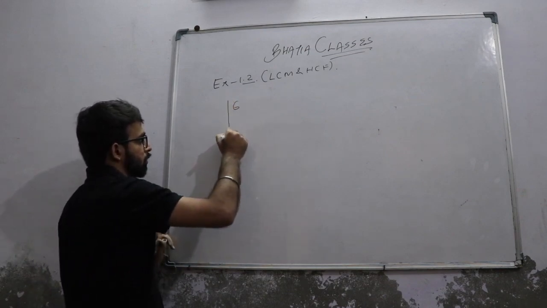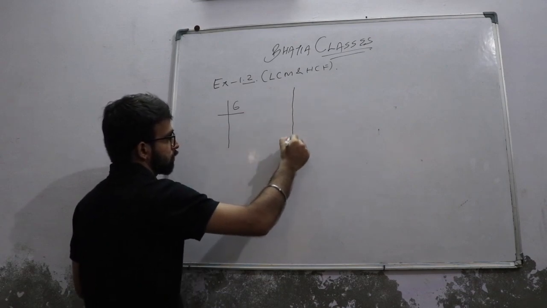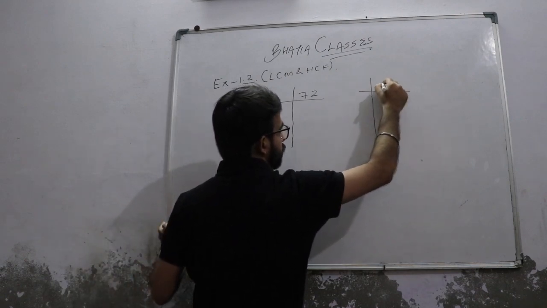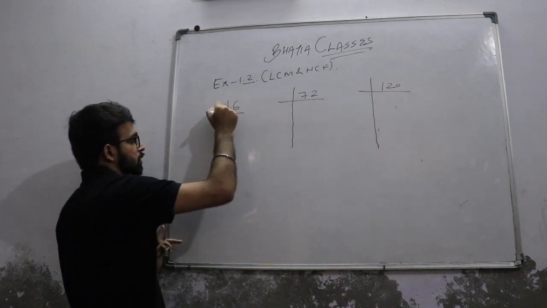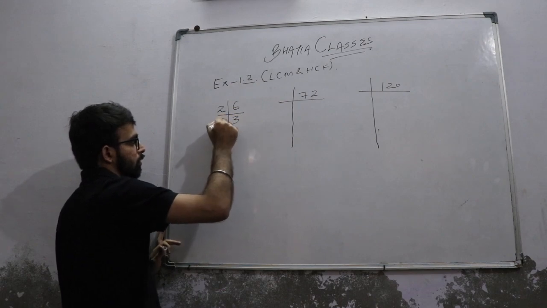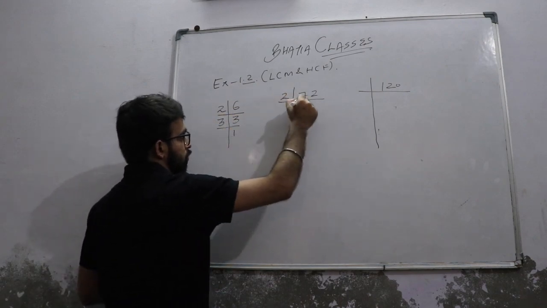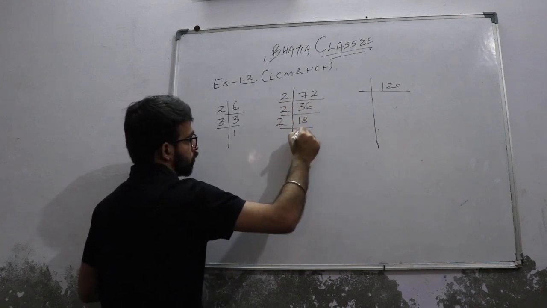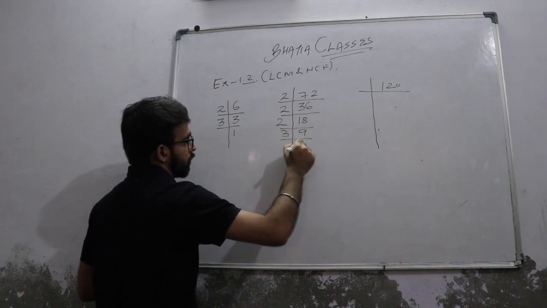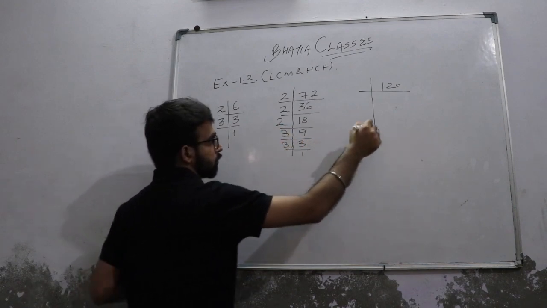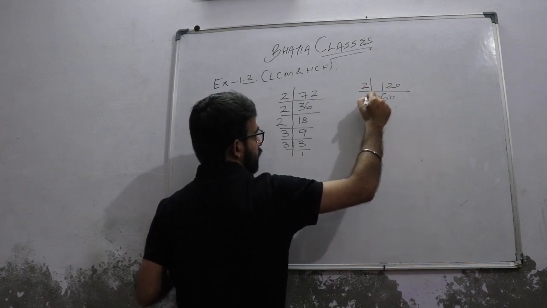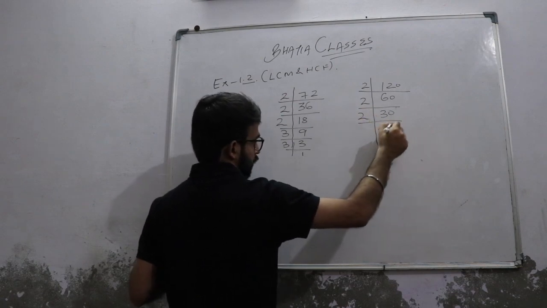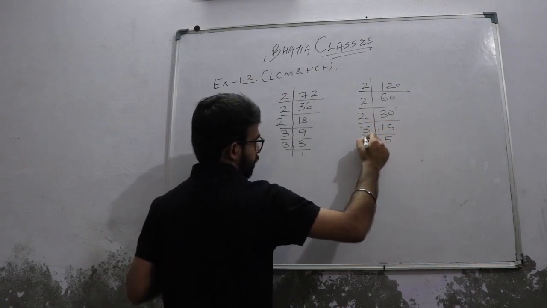I will take this example: 6, 72, 120. 6 divided by 2, 3, 1. 72 divided by 2, 36, 2, 18, 2, 9, then by 3, 1. 120 by 2, 60, 60 by 2, 30, 30 by 2, 15, then 15 by 3, 5, and 5.